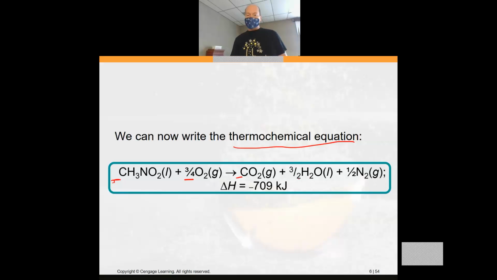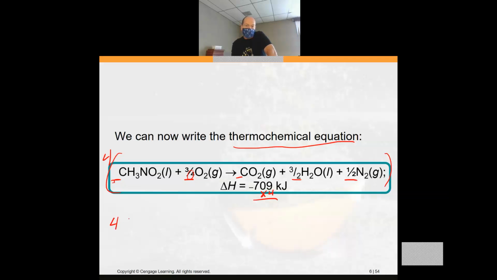If it said make sure that your balanced chemical reaction is in integers, then you see that you would have to multiply the whole thing through by 4. But make sure that you also multiply your delta H by 4.